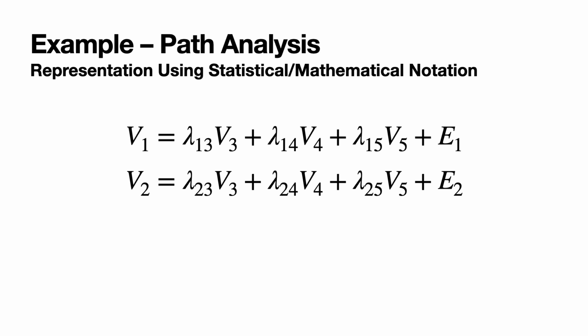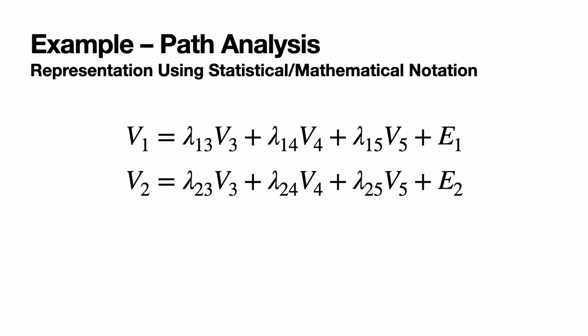V1 is equal to lambda 1,3 times V3 plus lambda 1,4 times V4 plus lambda 1,5 times V5 plus an error term E1. V2 is equal to lambda 2,3 times V3 plus lambda 2,4 times V4 plus lambda 2,5 times V5 plus its own error term E2.